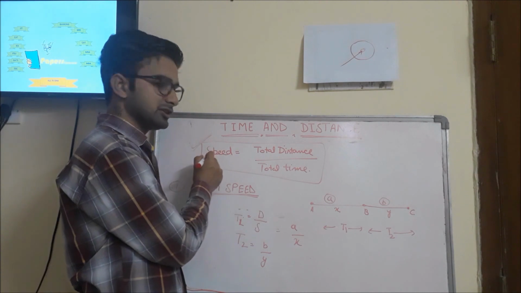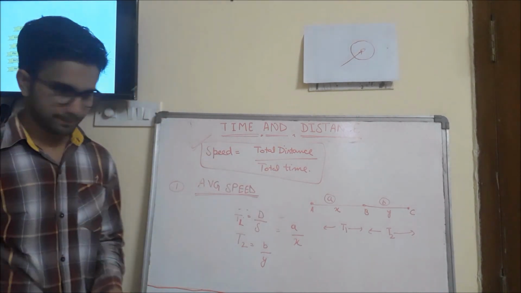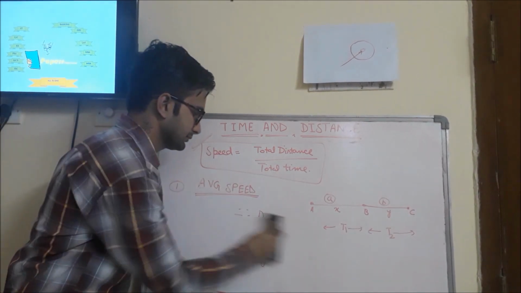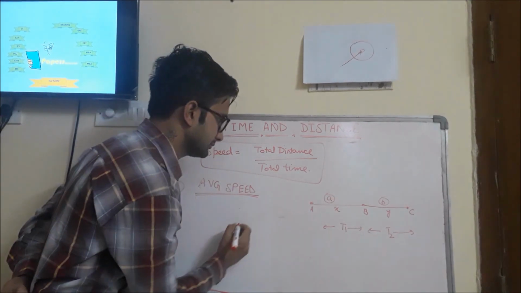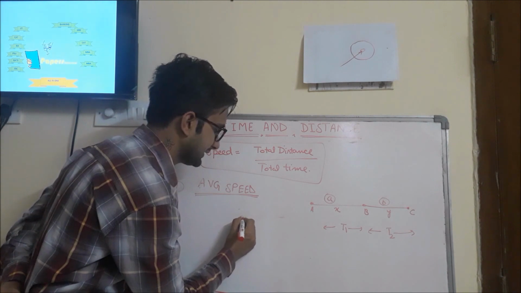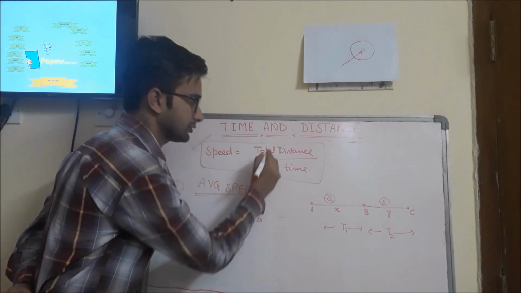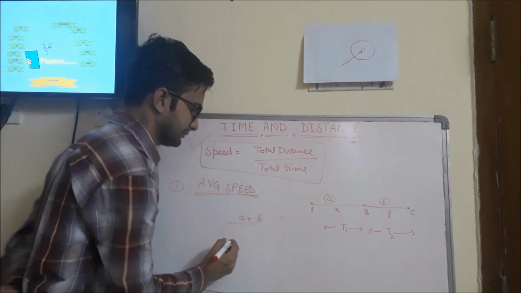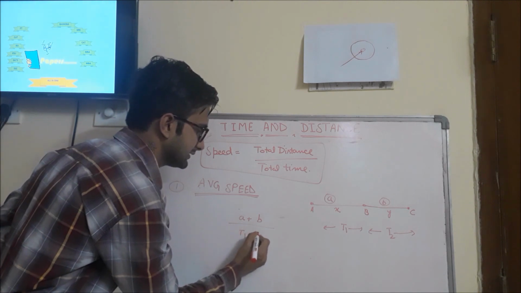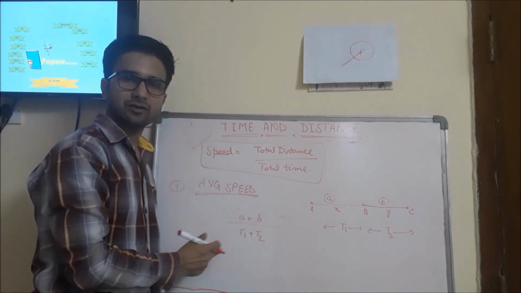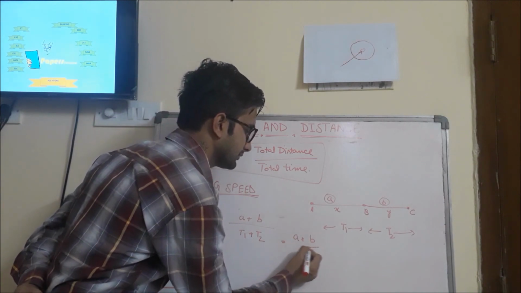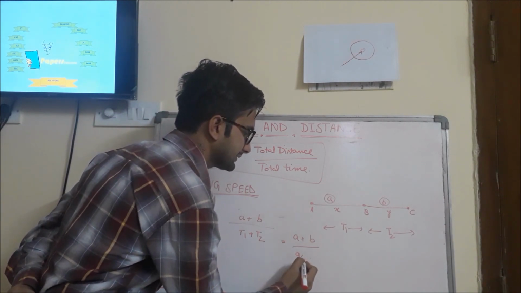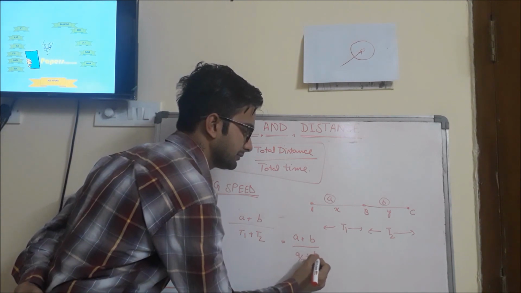So our average speed will be total distance, that is a plus b, upon total time, t1 plus t2. With the formulas for t1 and t2 we gave, it is (a plus b) upon (a by x plus b by y).